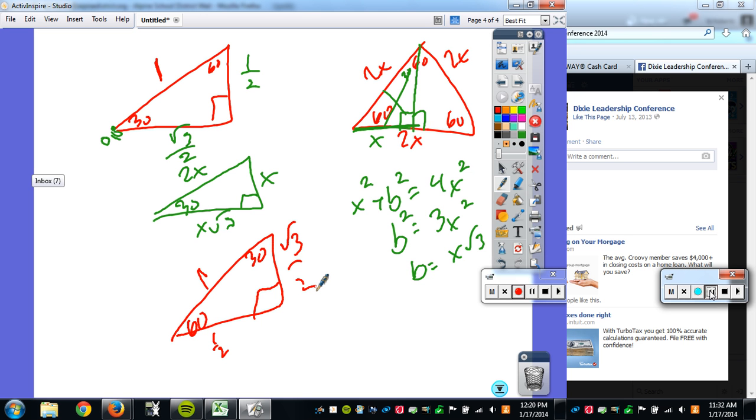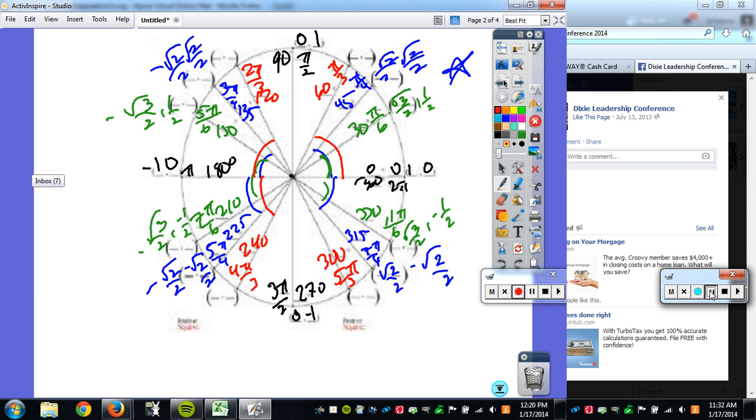It's the same triangle, isn't it? We've already proven it, so now we're going to go over a half, up root 3 over 2. I'm seeing light bulbs, and I like that. Okay? Now here's something that's going to trick you just a second. You're going to say, really?